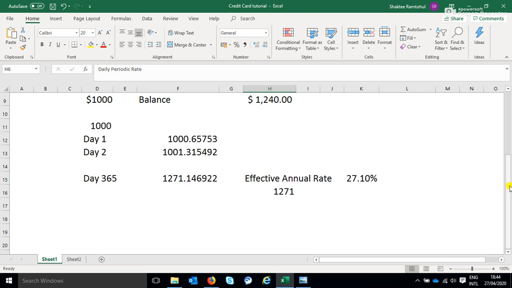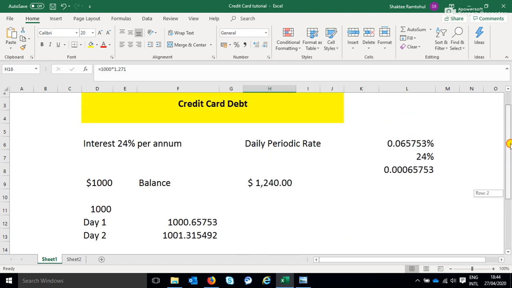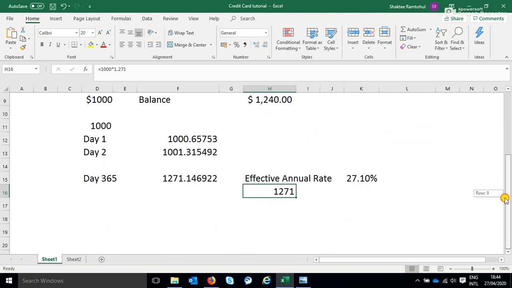In fact, it is even worse, because some banks would also apply penalty interest, or sometimes penalty charges because of late payment. So you can just imagine what this figure will end up being, maybe even more than 1,271, which is why some people might look at their credit card statement and think, why am I paying so much?